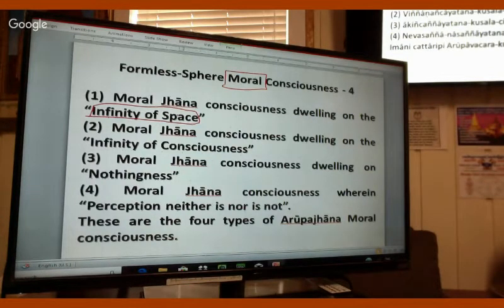And then the fourth one is Nevasanya Nasanyayatana jhana. That one is perception neither is nor is not. More subtle. Here perception means sanya in Pali. That's why Neva sanya, na sanya means we can say no perception, and also not no. There is perception, because not only perception, the other different mental factors are also there.